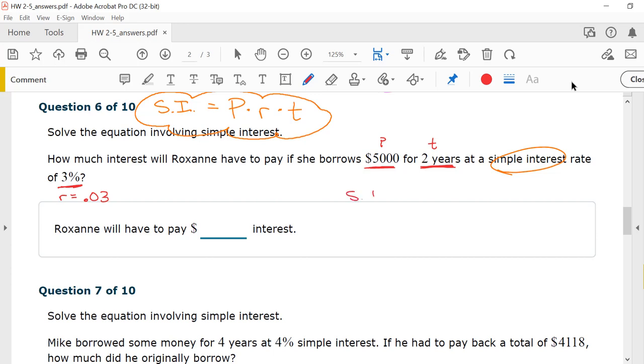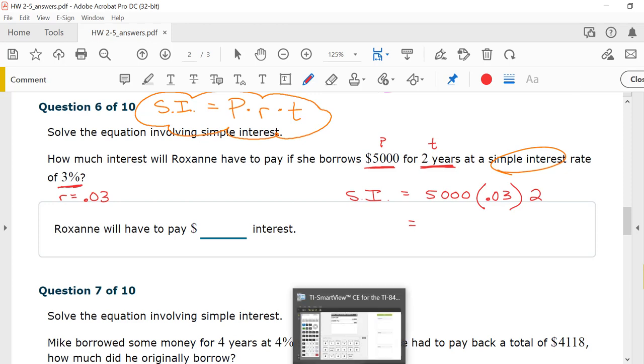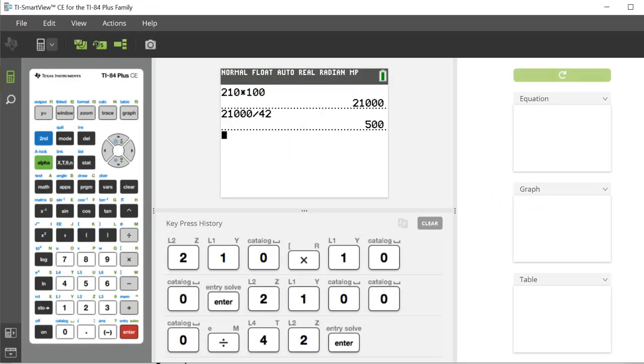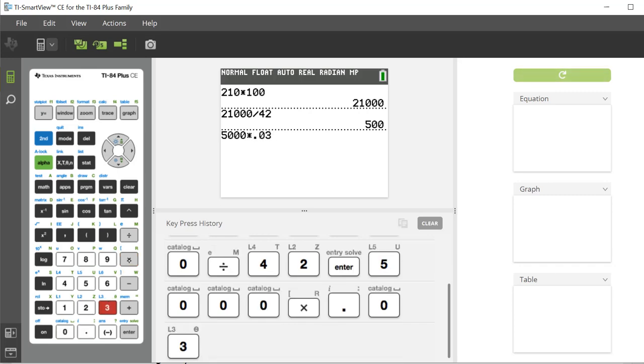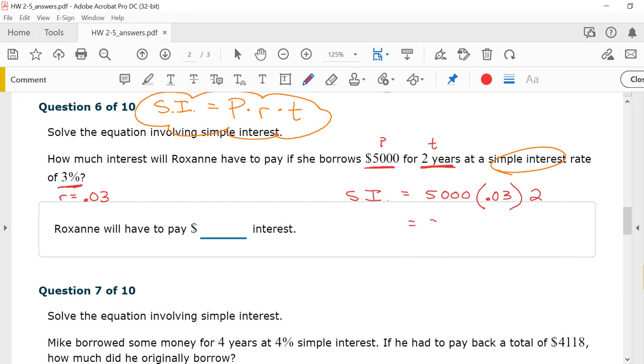So the simple interest that she'll have to pay will be 5,000, there's the principal, times 0.03, that's the rate, and 2 is the year. So I need to do 5,000 times 0.03 times 2, which is 300. She will owe $300 in interest.